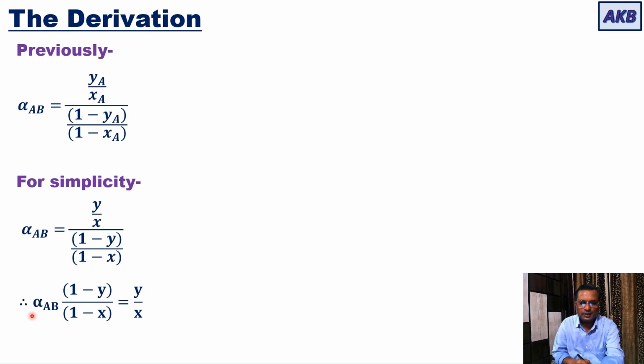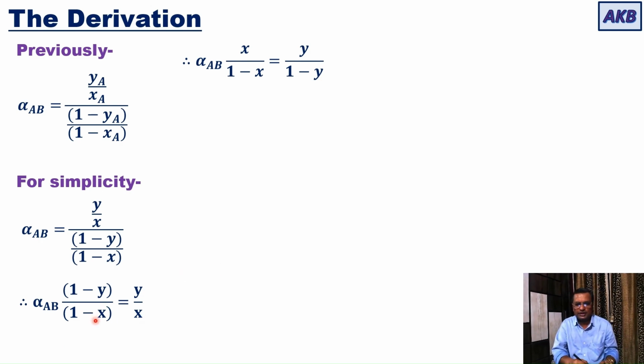So, the equation will be alpha AB into 1 minus y divided by 1 minus x is equal to y upon x. Further, I will rearrange it: alpha AB into x upon 1 minus x. I am going to bring this x to this side, and 1 minus y I am going to take to the right hand side.